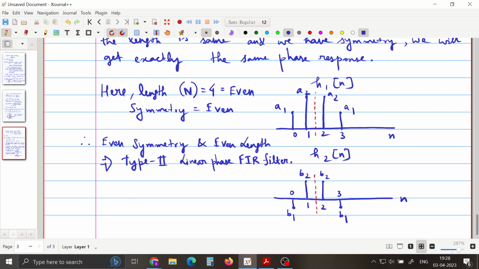And since they have the same even symmetry and exactly the same length, you can conclude that both have the exact same phase response.